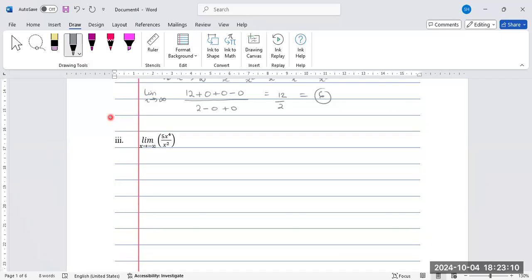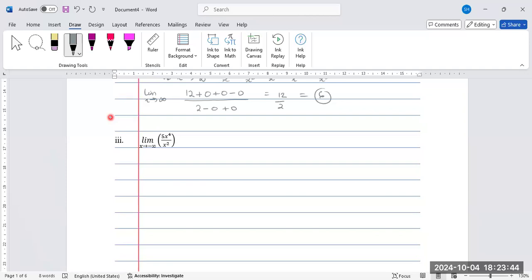The rest of you, do you agree that it's going to be a positive infinity over positive infinity? Yes, sir. It was a curveball. I'm on the fence.